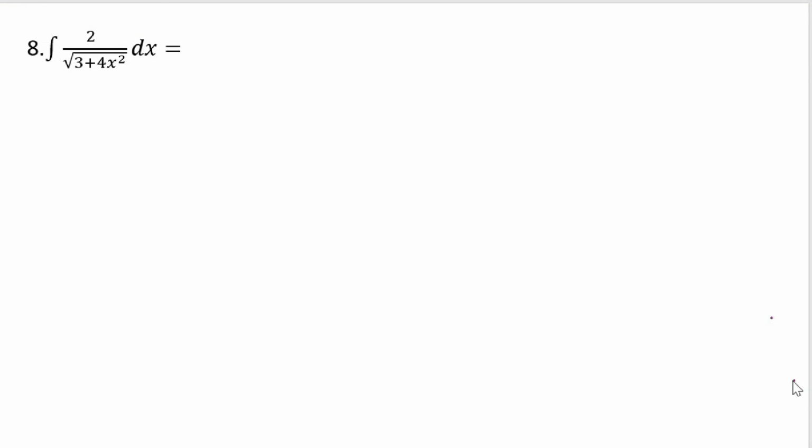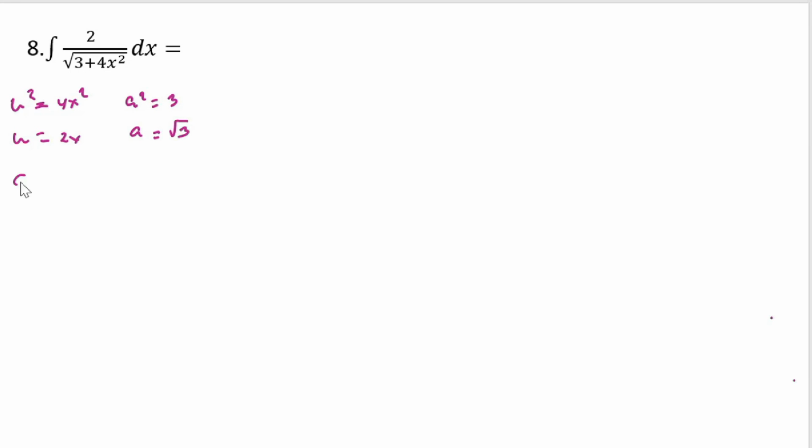First, I'm going to find the value of u squared and a squared from the denominator. Our u squared is equal to 4x squared, and a squared is equal to 3. It follows that u is equal to 2x and a is equal to the square root of 3.